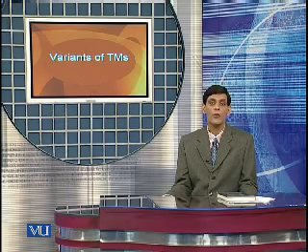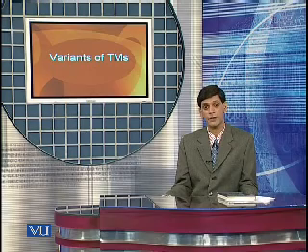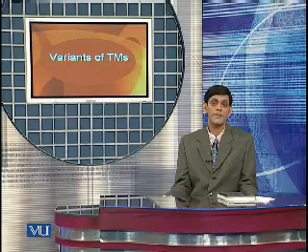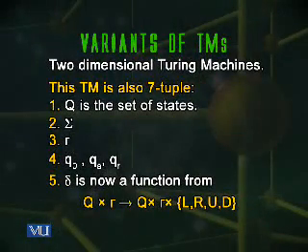So formally, we can define a Turing machine with a two-dimensional tape as follows. Once again, it would be a 7-tuple consisting of Q, the set of states. There'll be an initial state, an accept state, and a reject state. Furthermore, Sigma is going to be the input alphabet and Gamma is going to be the work alphabet.